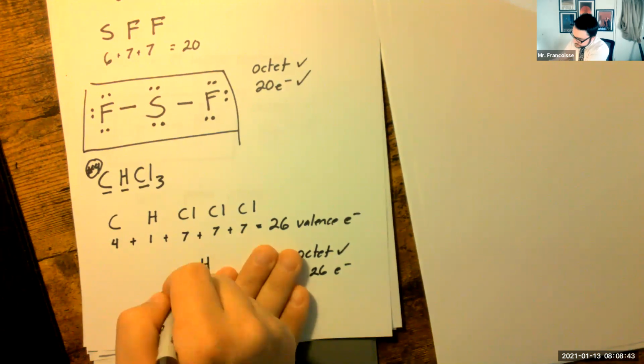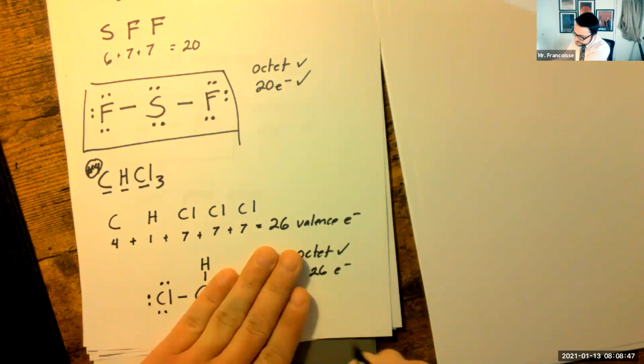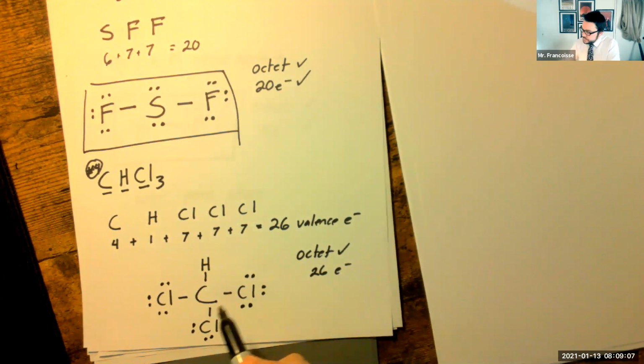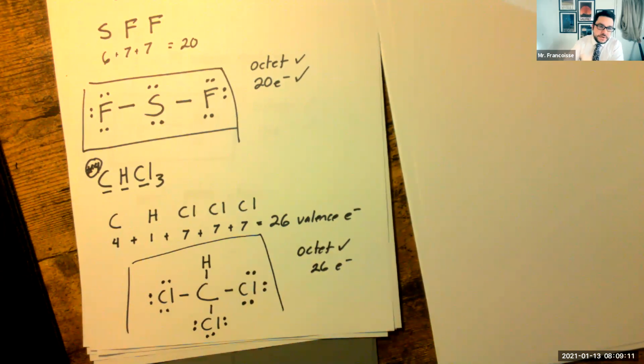And then we do the same thing on this, 2, 4, 6, 8. So this would represent the molecule. We just want to double check 26 electrons. We have 2, 4, 6, 8, 10, 12, 14, 16, 18, 20, 22, 24, 26. So double check, make sure you guys have this for number 4.